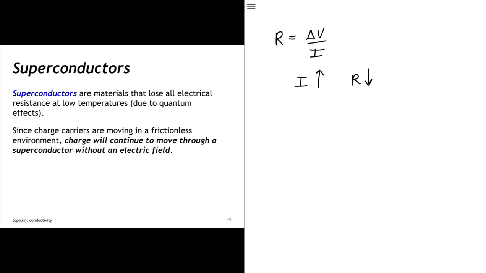And as this laptop gets hotter, it becomes less efficient. It consumes more power, and right now I'm draining my battery at a very large rate. If this laptop could somehow be made of a superconducting material at room temperature, my battery would last an extremely long amount of time. That would be phenomenal in regards to energy for our planet.